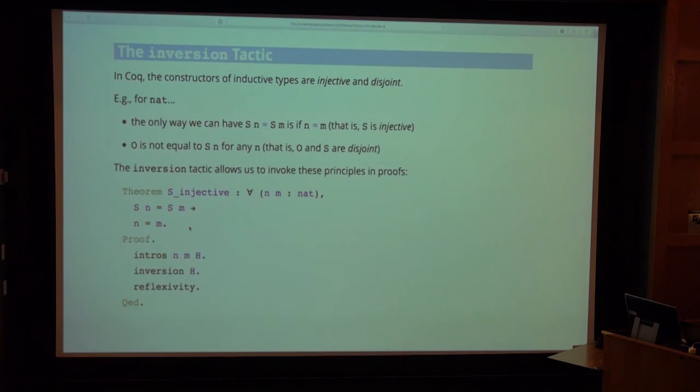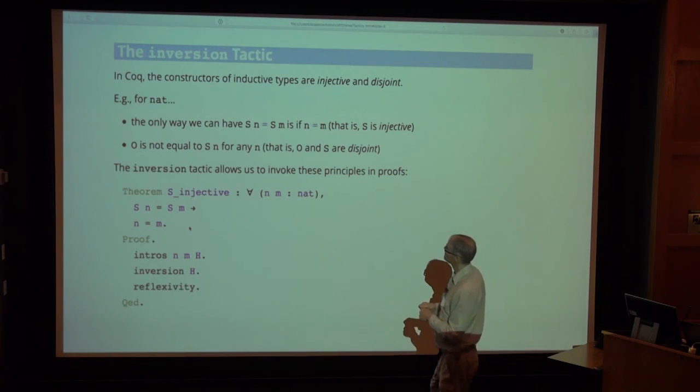Inversion is the next tactic on our list. When we give inductive definitions of data types, those definitions have some crucial properties.